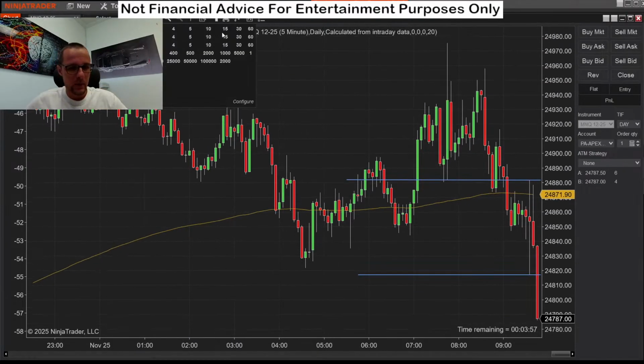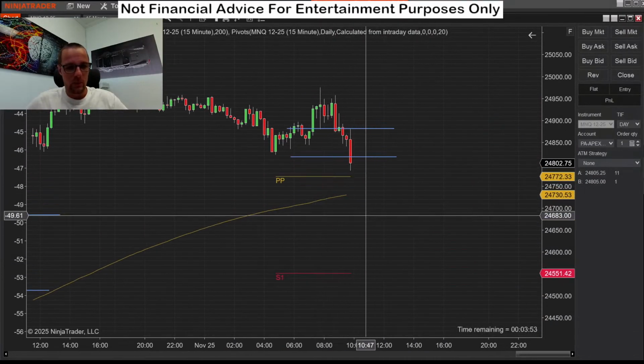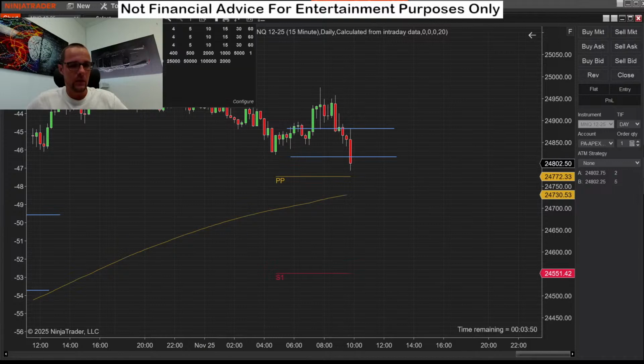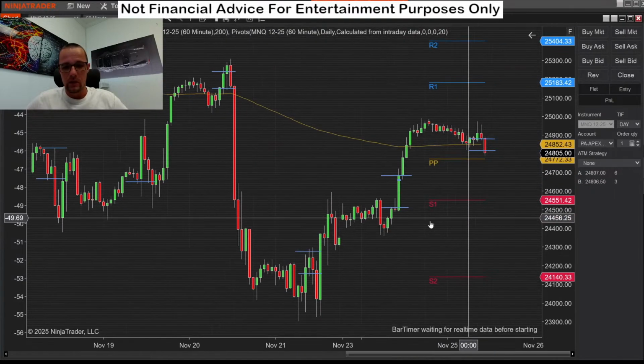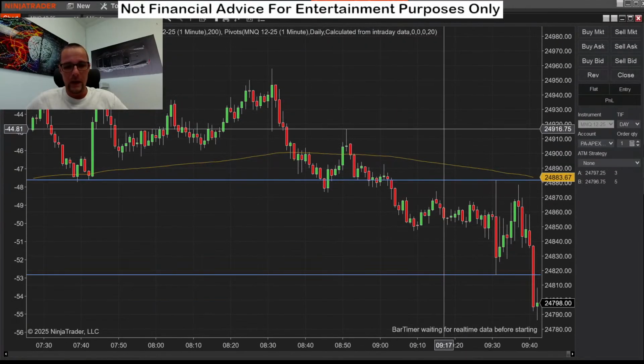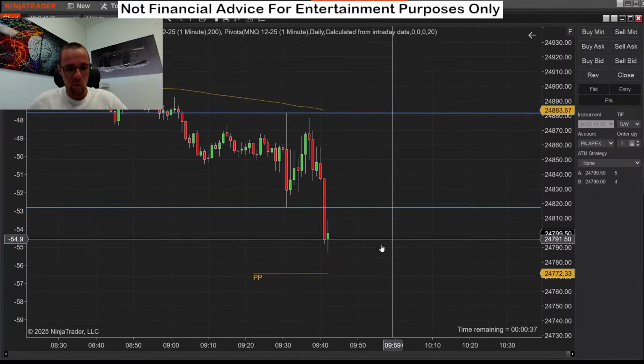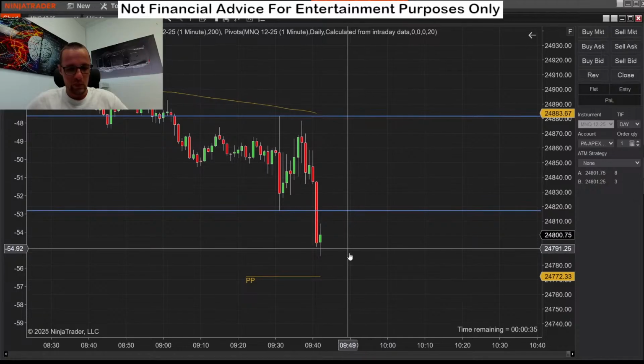Rejecting off that pivot. If you go to a 15-minute time frame, you could see we do have support down here. Also on the hourly chart, we're breaking below that 200. That's not to say we can't pop back up. Here's that close below the range.